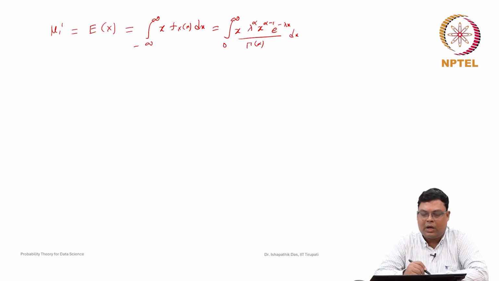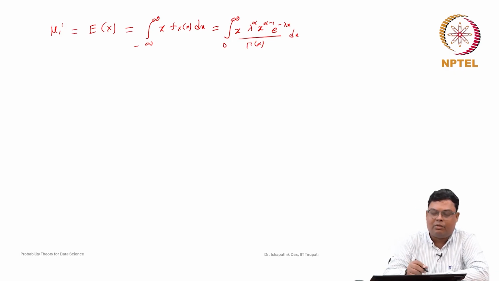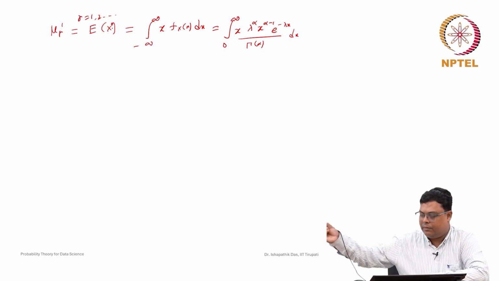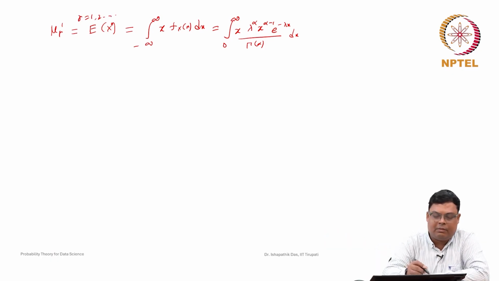Okay, so how can we find it? You can remember that if you want to find the variance, then you require mu 2 dash also. So, generally we will find out mu r dash, which is nothing but the expected value of x to the power r, for r equal to 1, 2 and any integer value.